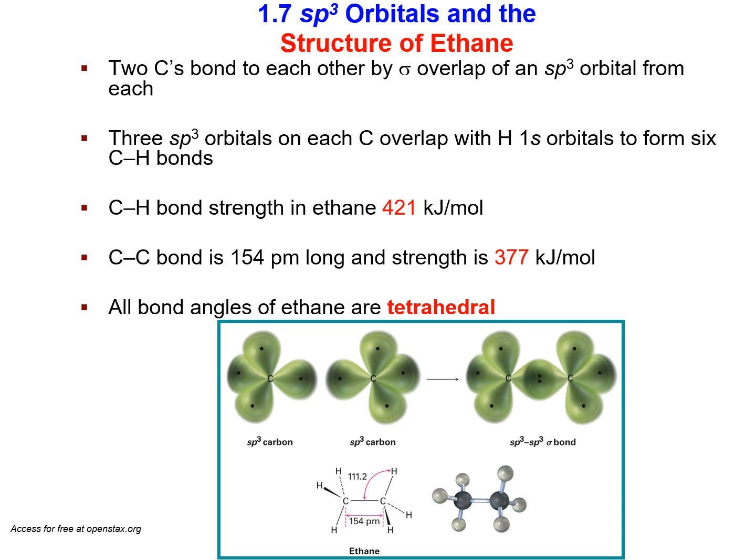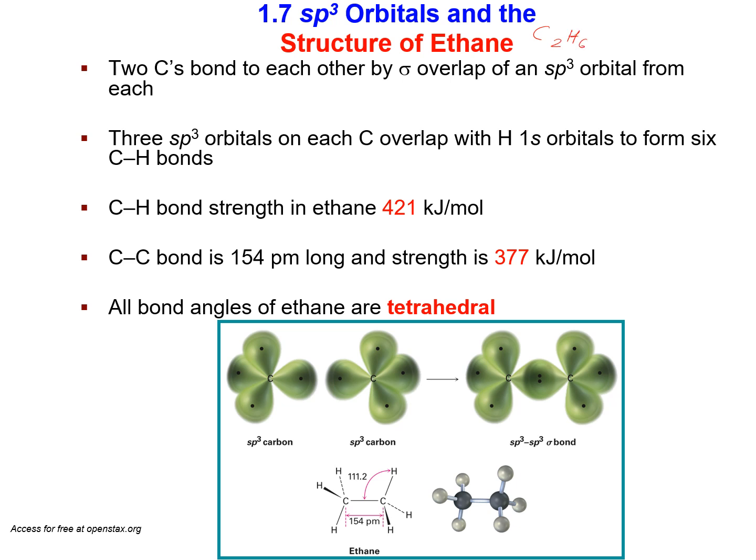Now, this is an extension of the same concept of sp3 hybridization using the example of ethane. Ethane has the formula C2H6. Write it down here. C2H6. So there are 2 carbon atoms and 6 hydrogen atoms.